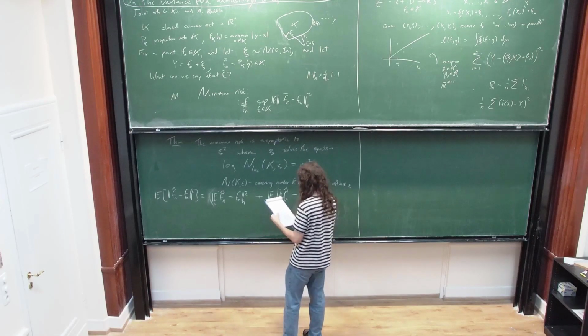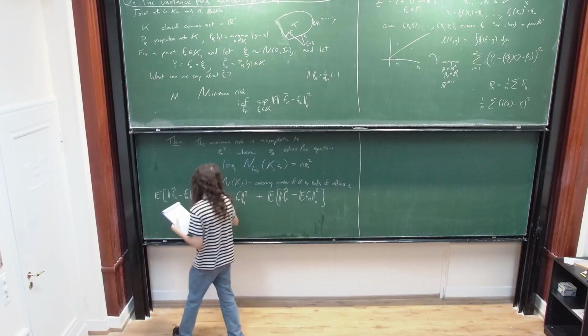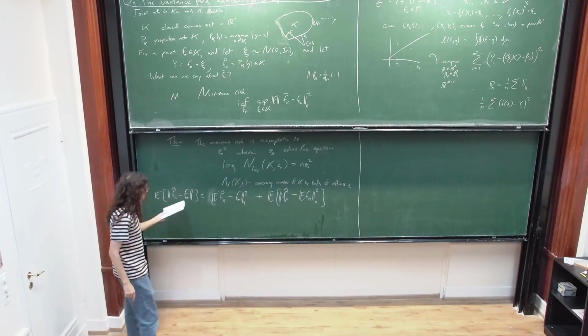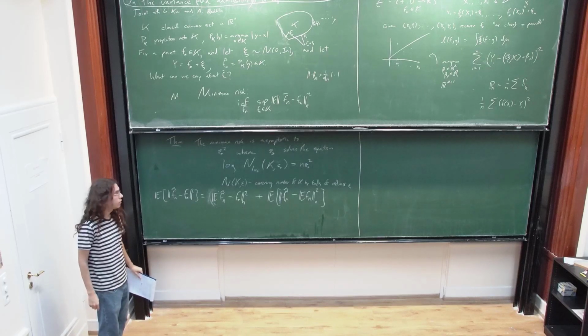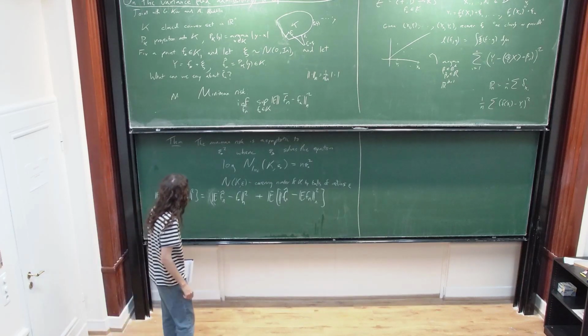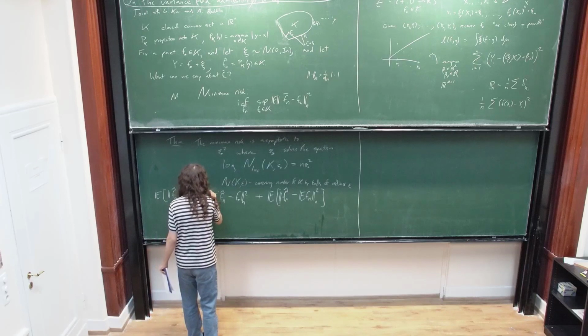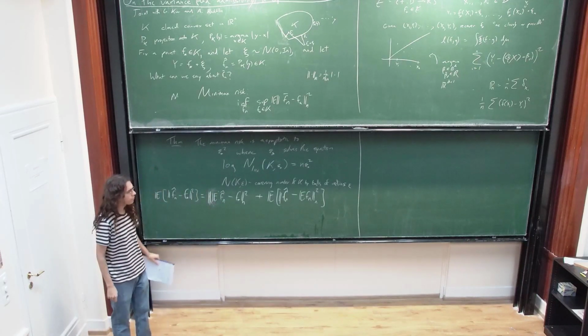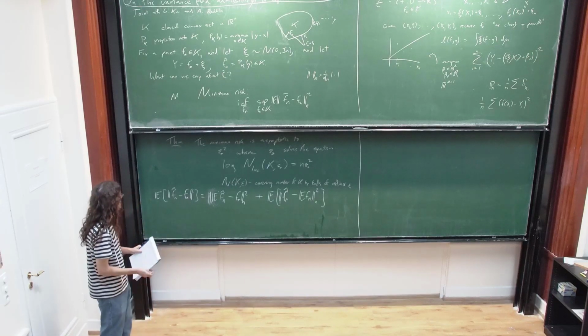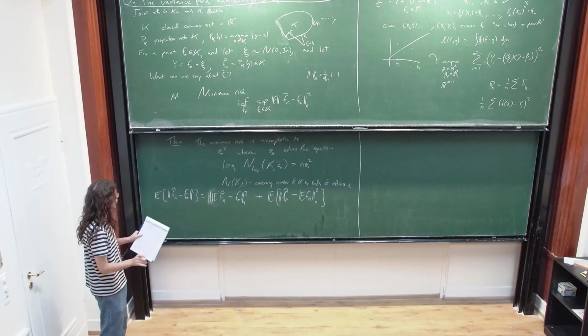Are there some bars missing? Oh, there are bars missing. Yes, sorry. Yeah, this is bias variance. It's like a Pythagorean theorem.